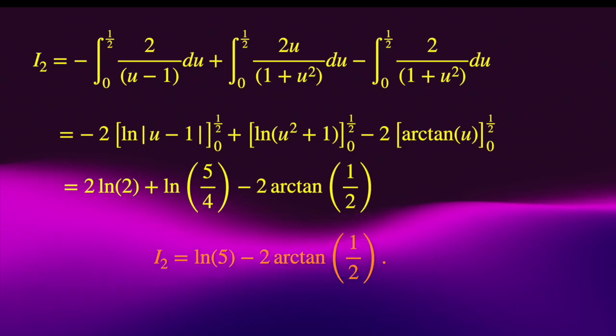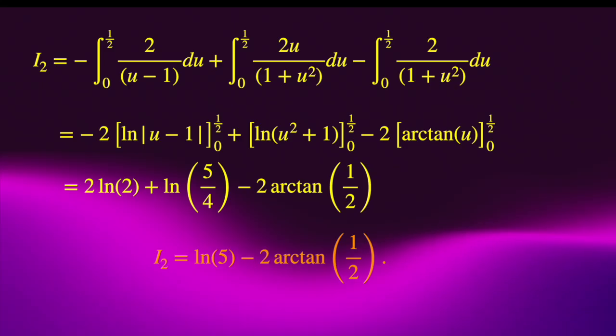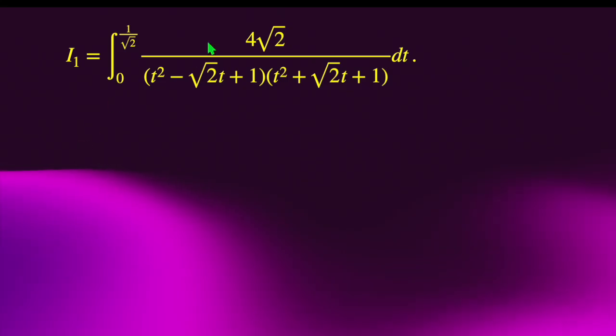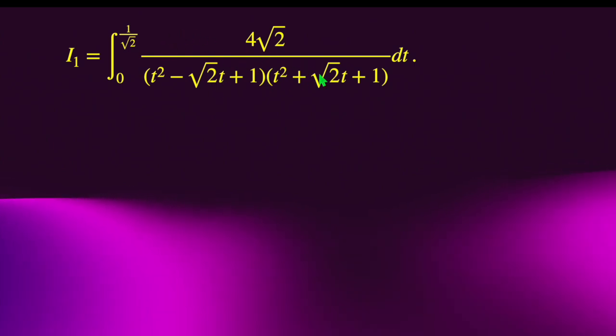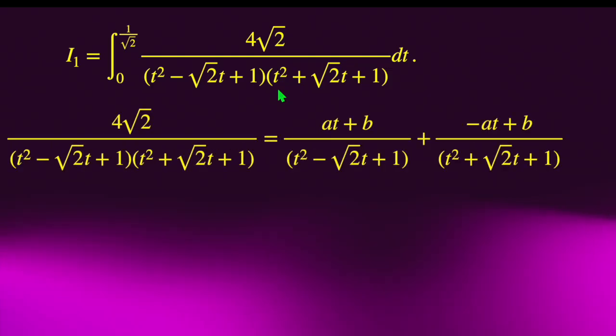So we have now computed I2. Let's tackle now I1. I1 is also the integral of a rational fraction, so we need to do the partial fraction of this fraction, and we can write this as at plus b.